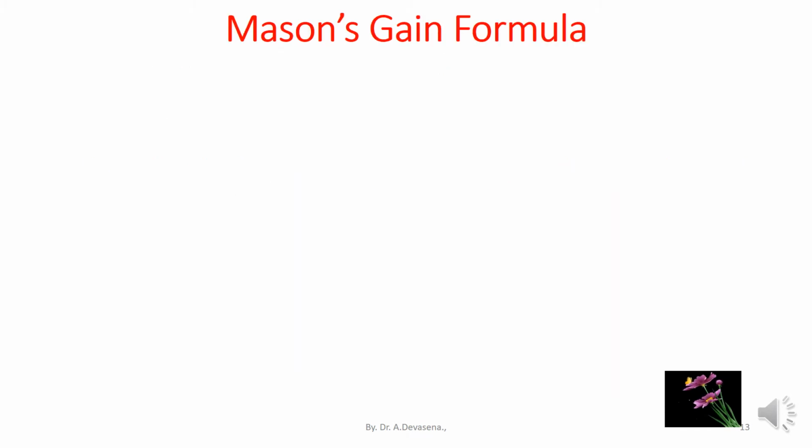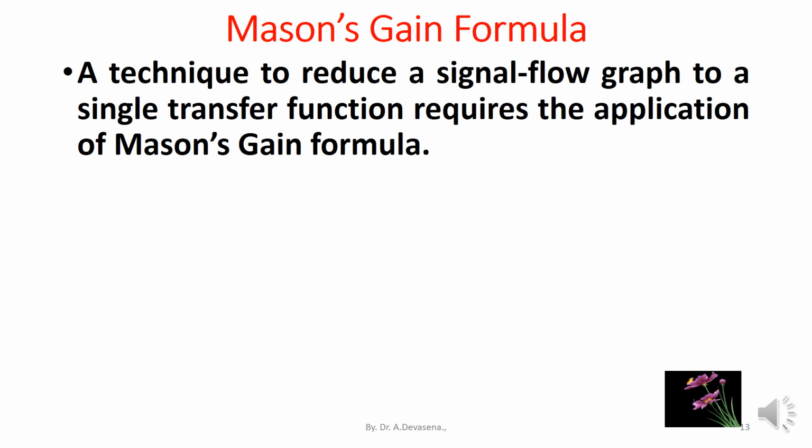Mason's gain formula. A technique to reduce a signal flow graph to a single transfer function requires the application of Mason's gain formula.